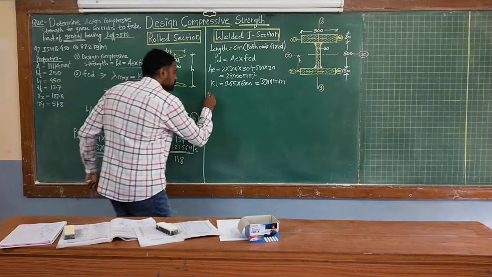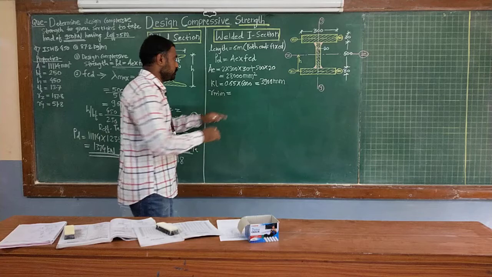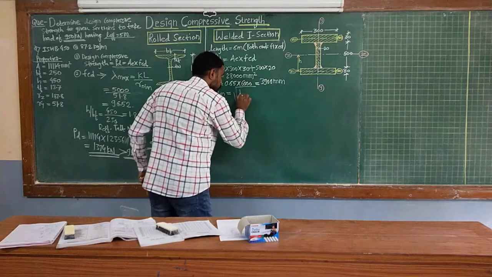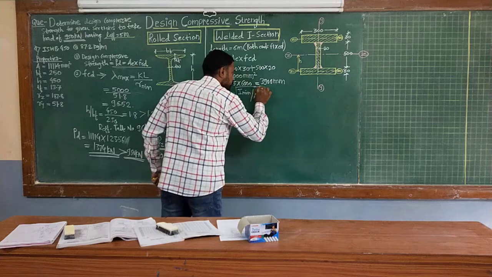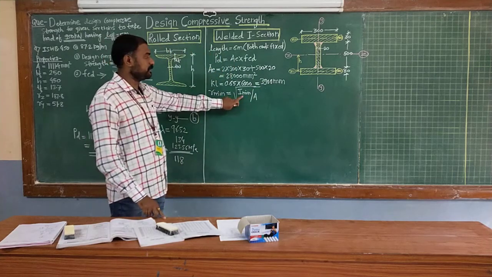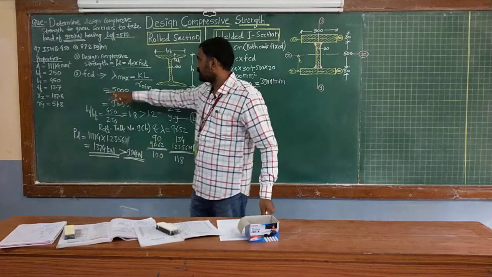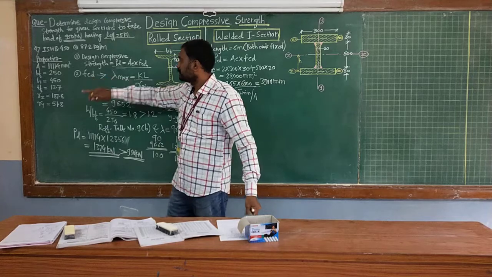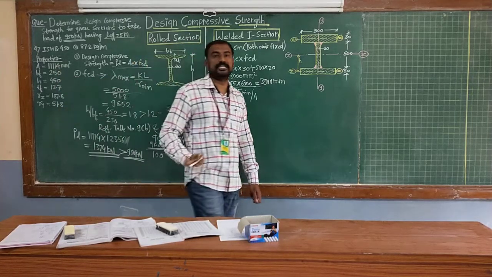The r minimum formula is the square root of I minimum divided by area. This is the formula for radius of gyration. In the previous problem, the properties were already given, copied directly from the steel table.